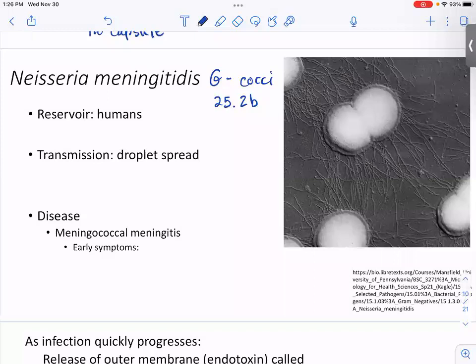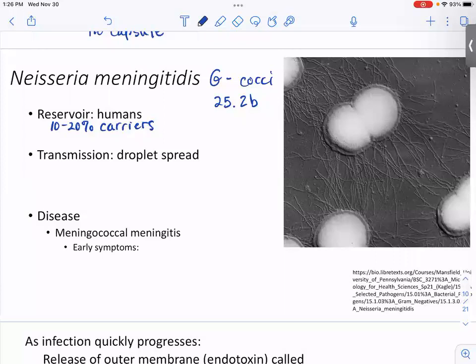This organism, like Neisseria gonorrhoeae, is passed around between humans, not zoonotic. Surprisingly, 10 to 20% of us are carriers. That just means we carry the organism. It's probably replicating a little bit in our upper respiratory tract.